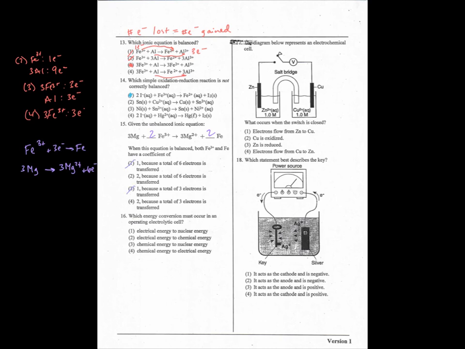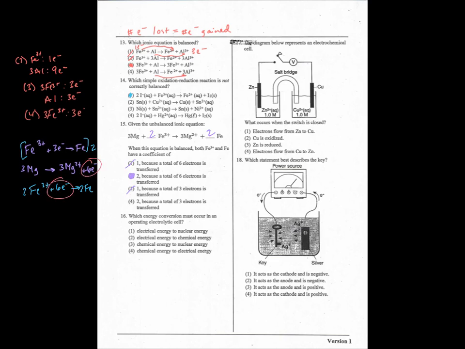Because the total of how many electrons are being transferred? 6. We got to make sure that there's the same number of electrons here. So if we multiply this first equation by 2, we get 2Fe3+ plus 6 electrons, yielding 2Fe, so that both of these things are equal and balanced out right here.